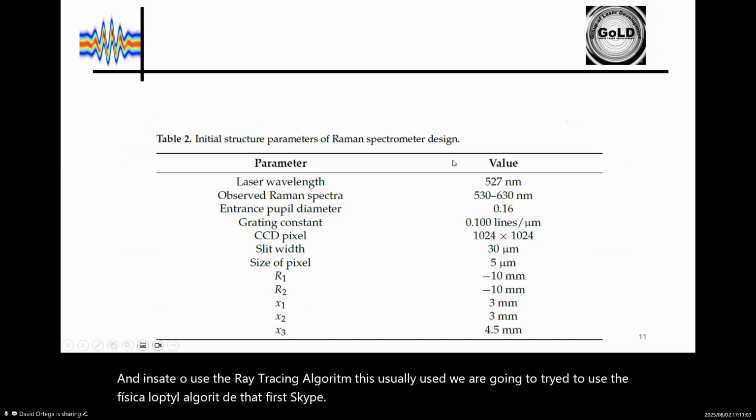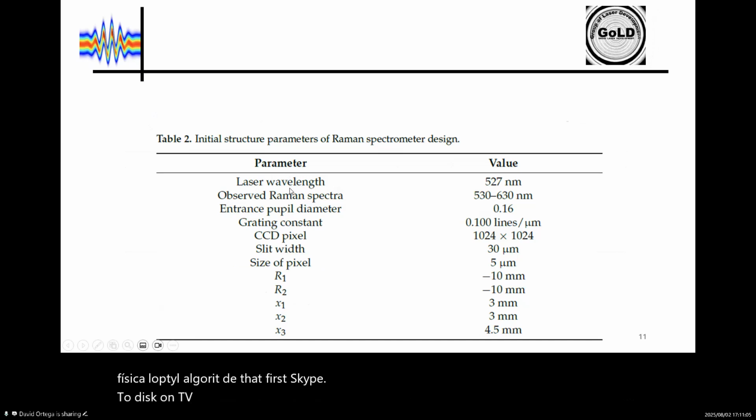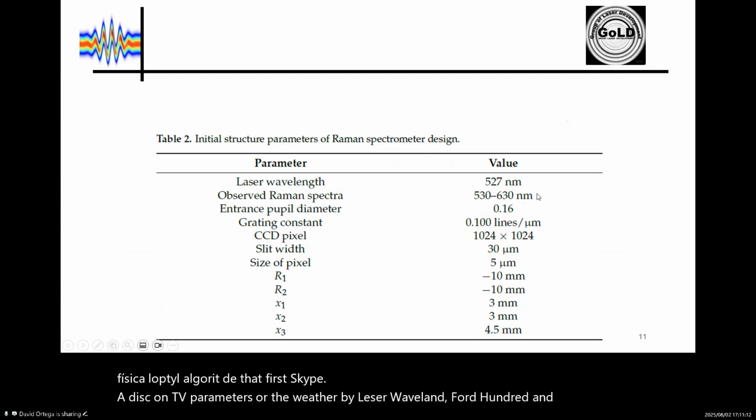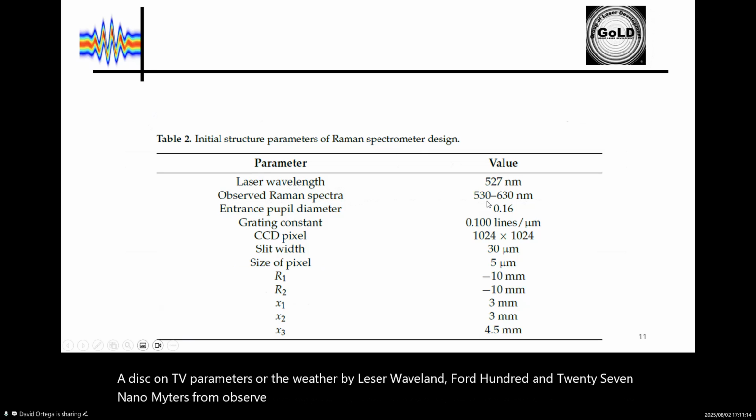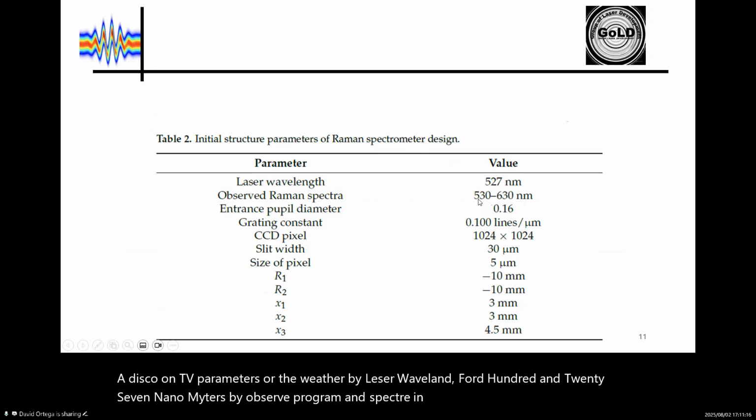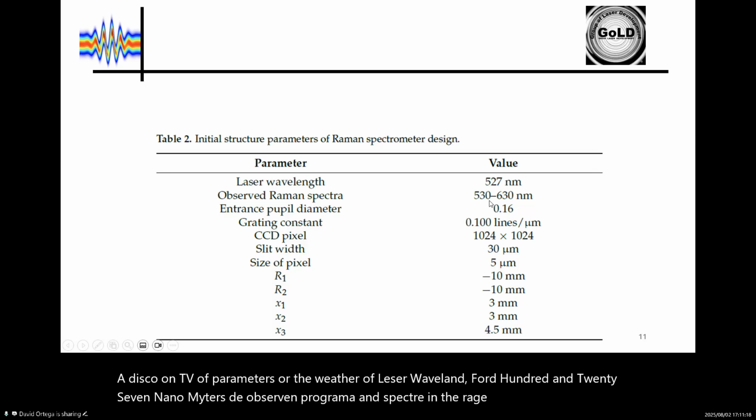These are the parameters: the laser wavelength 427 nanometers, the observed Raman spectra in the range from 530 nanometers to 630 nanometers.